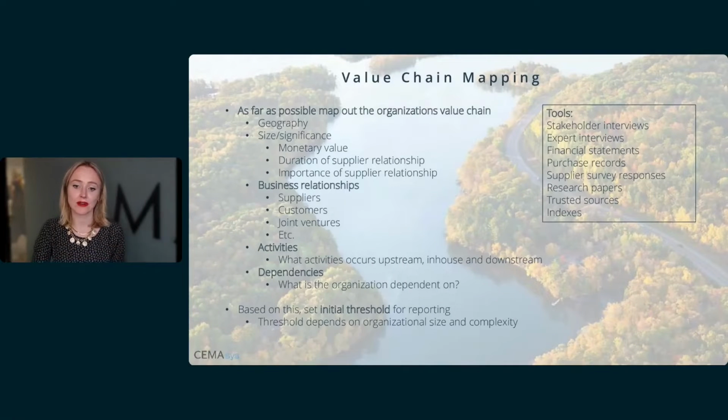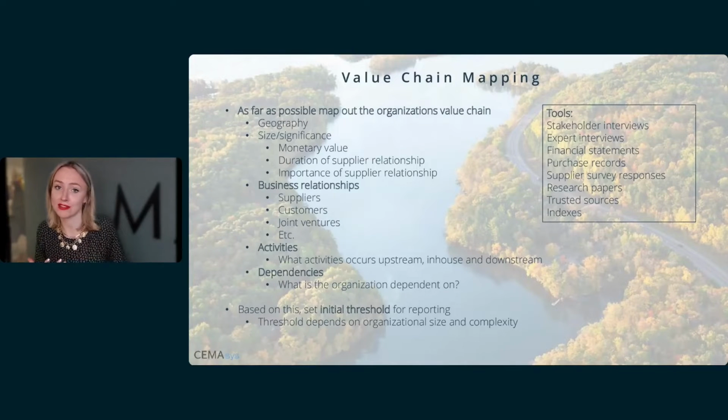So, things that are important to take into consideration when we do a value chain mapping. It's important to do this as broad as you possibly can at first. So you go really broad and figure out what everything looks like. We need to look at all the geographies, both of our own operations and also those of our suppliers and our served markets. We need to look at the size and significance of, for example, our business relationships.